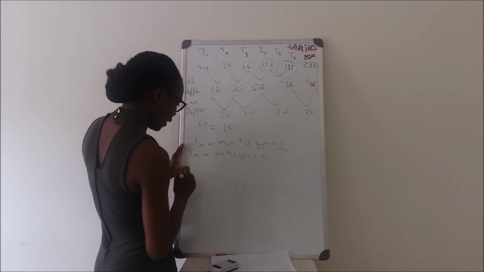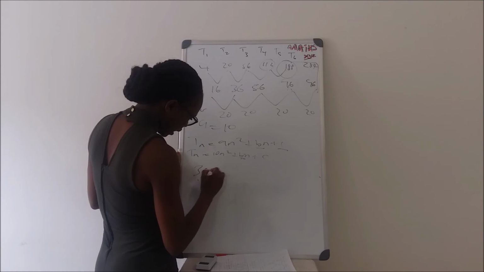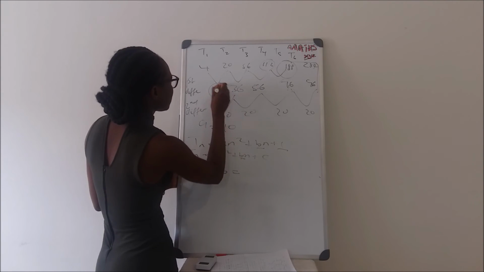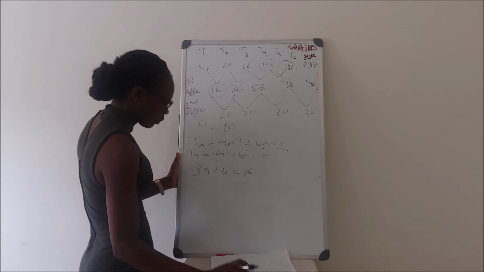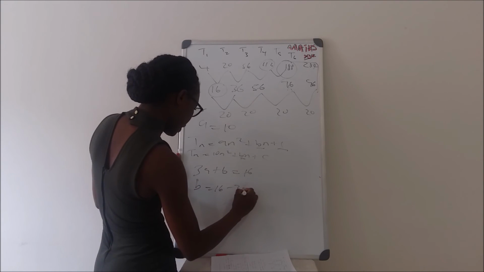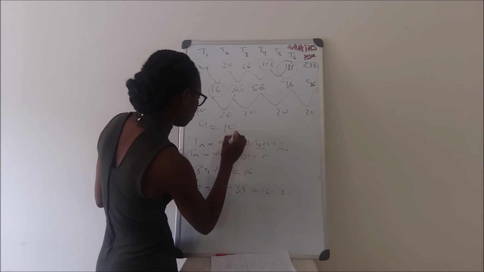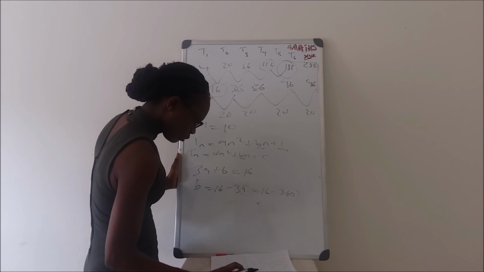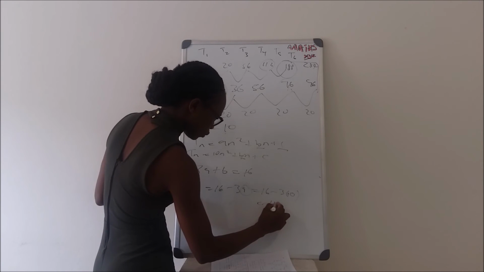So to get b, 3a plus b equals the very first difference, which is 16 in this particular question. So b equals 16 minus 3a, of which our a is equal to 10. So that will be 16 minus 30, which is equal to negative 14.